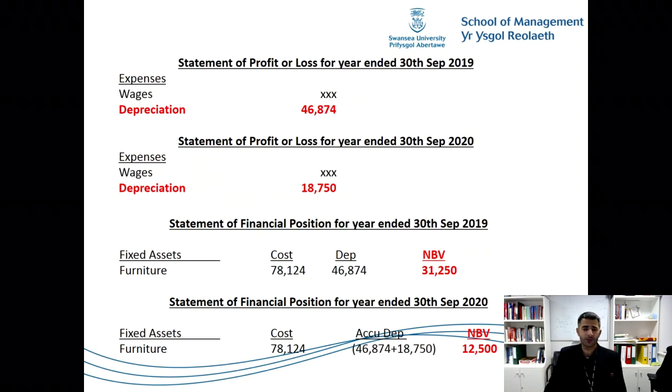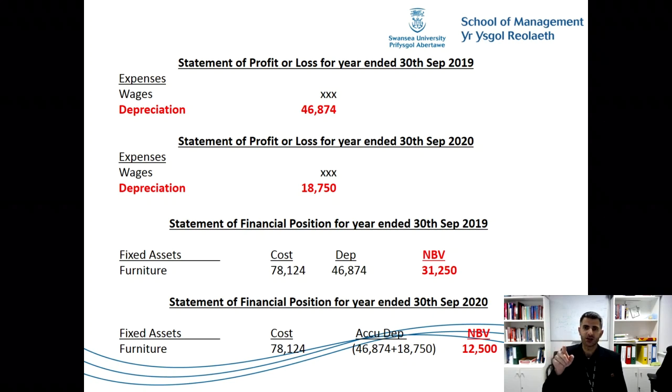Right, now how can you record it in a statement of profit or loss and a statement of financial position? We did explain it. You need to record depreciation in the statement of profit or loss under the expenses section. But what's the difference here? The yearly depreciation is different from year to year.